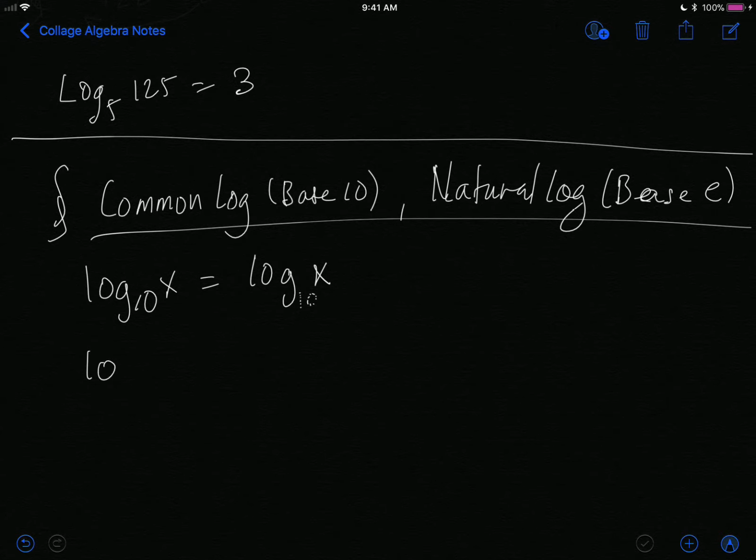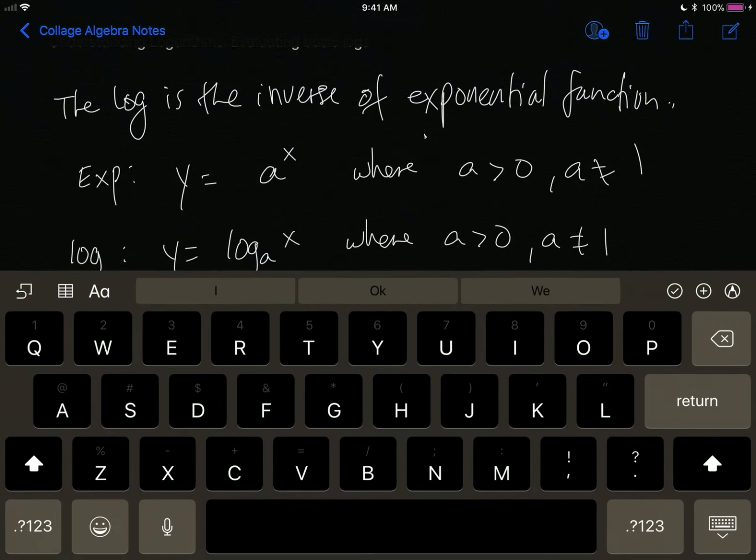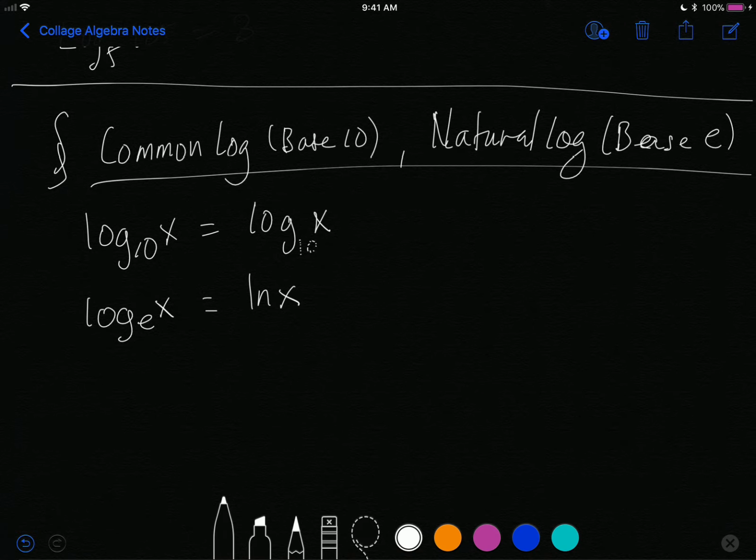Similarly, if I have log base e of x, I use a shorthand, and that shorthand is ln of x. I believe it comes from French. In French, you'd say log natural. So you'll say log first and then natural instead of natural log. The noun comes first, I guess. I don't know. And so because of that, we write ln.